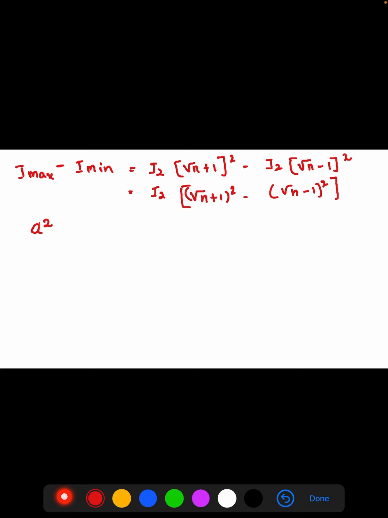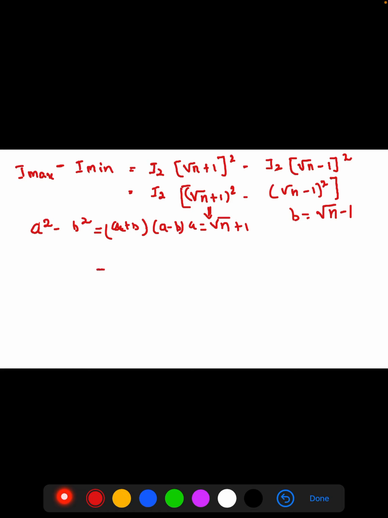a square minus b square. So here a is root n plus 1 and b is root n minus 1. So a square minus b square, I can write as a plus b into a minus b.